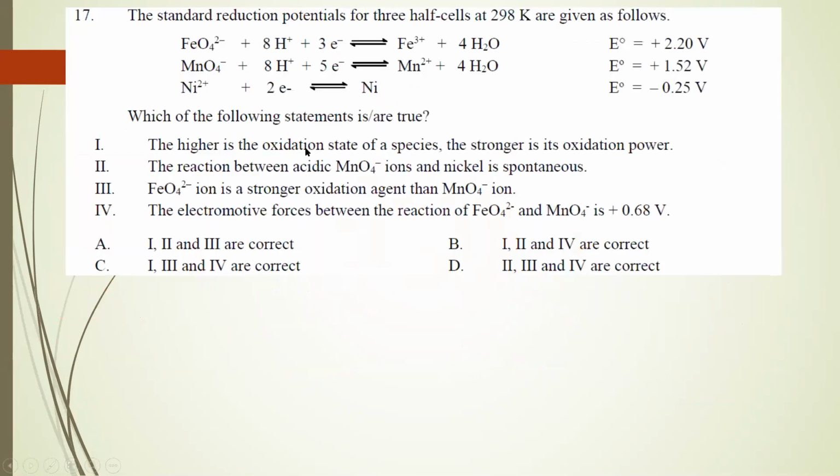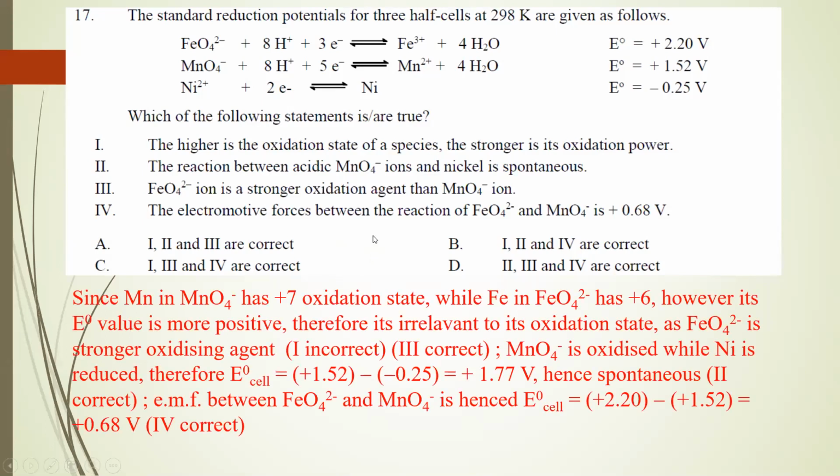Standard reduction potentials of the 3 half cells are given as follows. FeO4 2- plus 8H+ plus 3e- gives Fe3+ plus 4H2O, E0 is positive 2.20. MnO4-/Mn2+, H2O, positive 1.52. Ni2+/Ni is negative 0.25. Which of the following statements is or are true? Number 1, the higher the oxidation state of a species, the stronger its oxidizing power. So you have to calculate one by one.